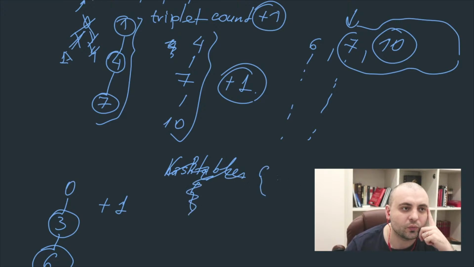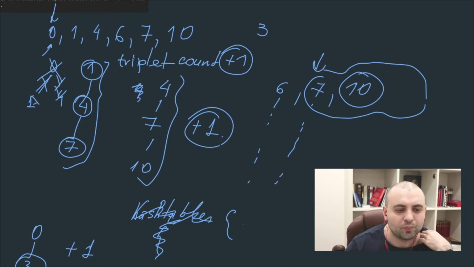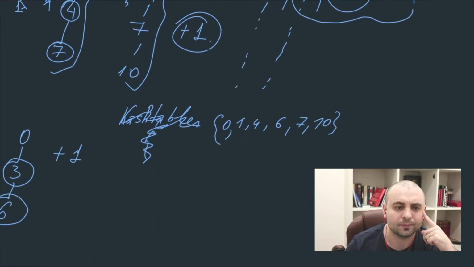We'll create a set and transform all of our items into a set, because we need to find the complements. It's 0, 1, 4, 6, 7, and 10. So we've got our set, and then we have our starting point. So we go item by item.